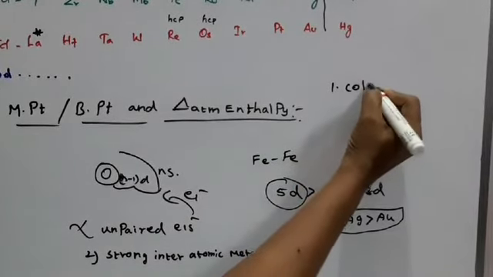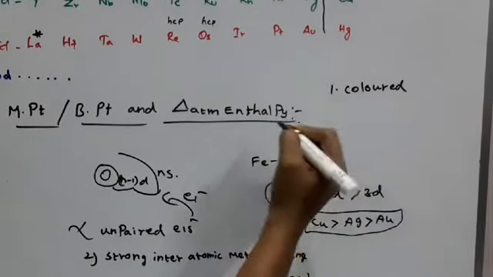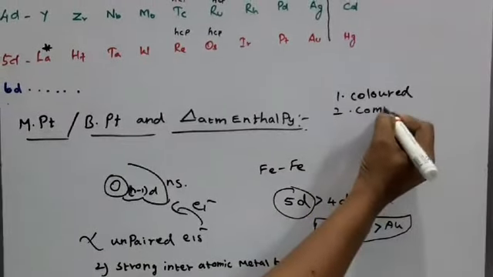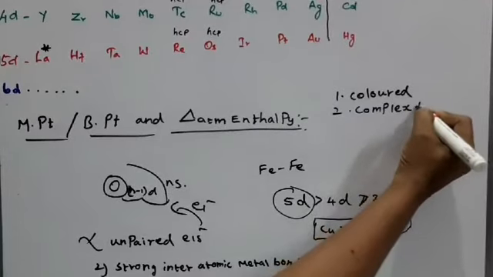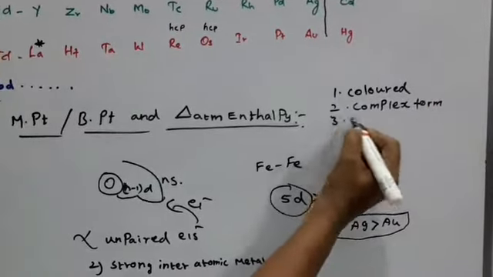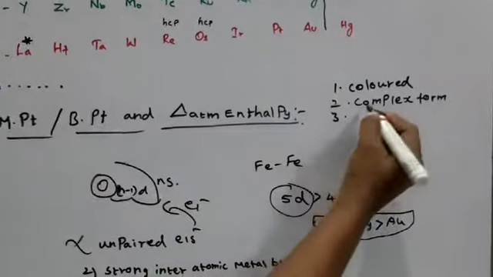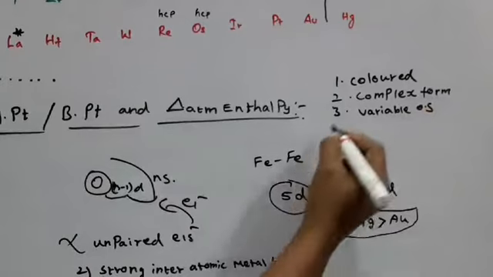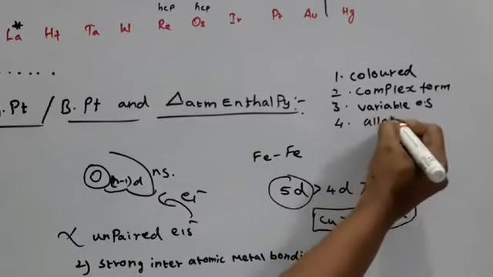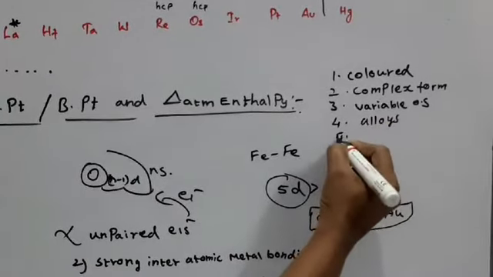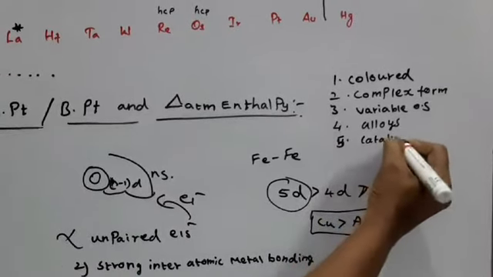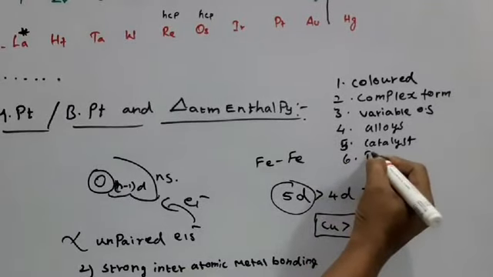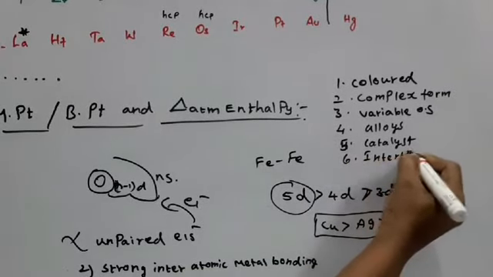Second, they act as complex formers. Third, they show variable oxidation states. Fourth, they form alloys, fifth, they act as good catalysts, and sixth, they form interstitial compounds.